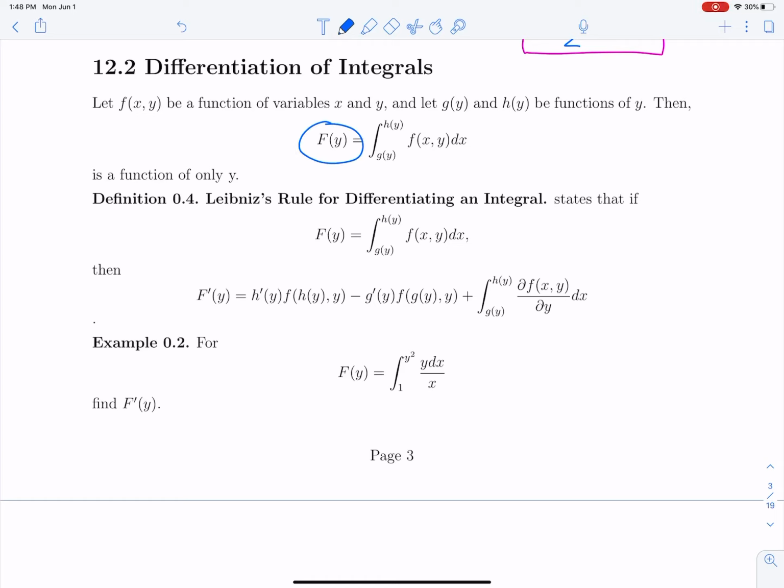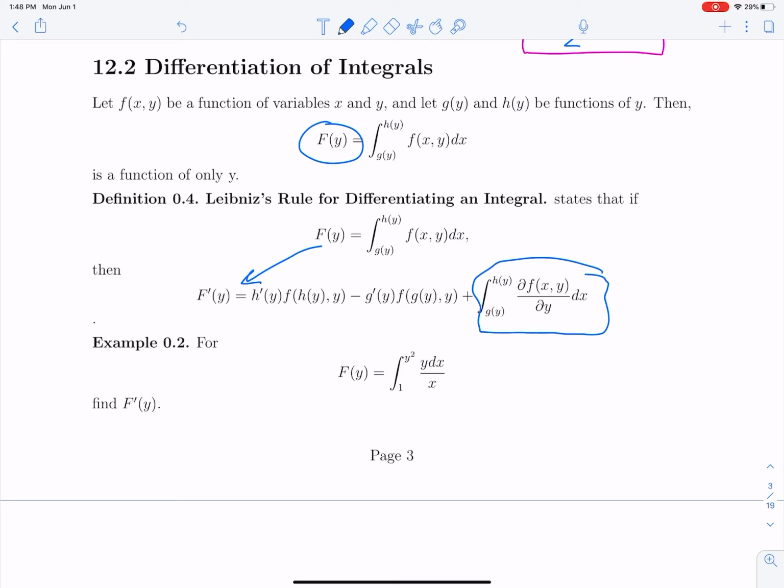So our definition 0.4, Leibniz's, sorry I butchered that, rule for differentiating an integral states that if I have some function with two variables and it has continuous functions as the bounds, then to differentiate f of y, I actually can take the derivative of h of y, also with the function of h of y comma y, and subtract the derivative of g of y times the function of g of y comma y, and then adding this integral we would evaluate.